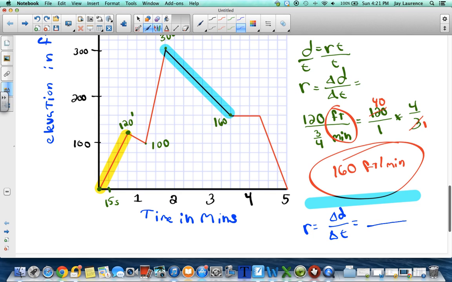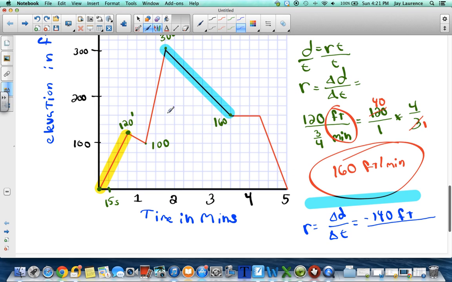My change in elevation looks like I'm going from 300 down to 160. Yeah, it's a change of 140 feet. And if you want to make it negative to indicate direction, that's quite all right.